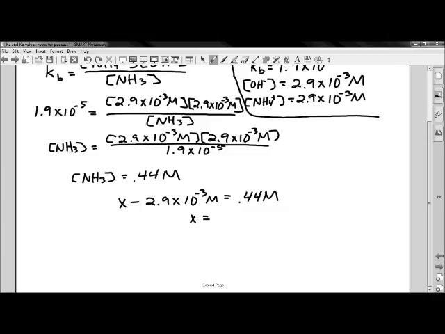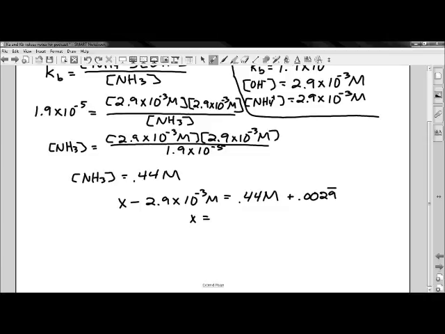Now, a fun thing happens here, as we all love sig figs. When I add this, if I rewrote 2.9 times 10 to the negative third, what I'm really doing is adding 0.0029. Now, the 0.0029 goes to the 10,000th place.